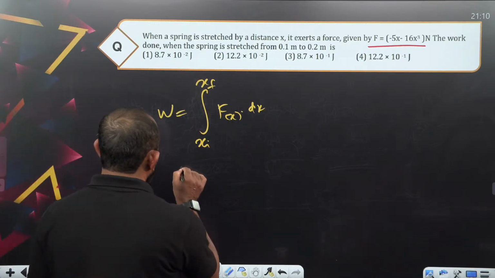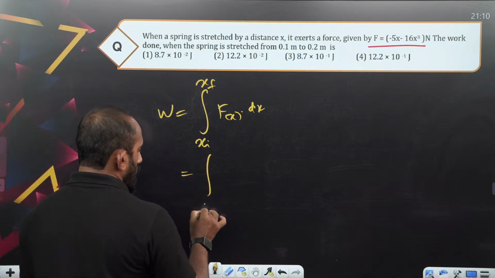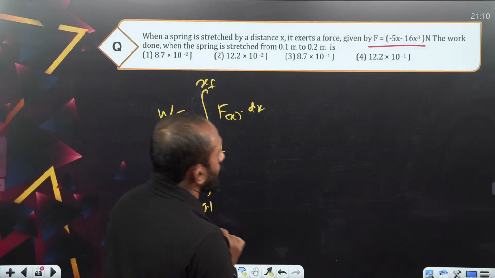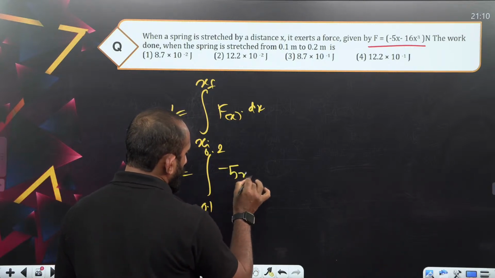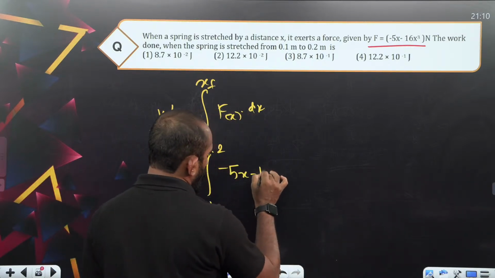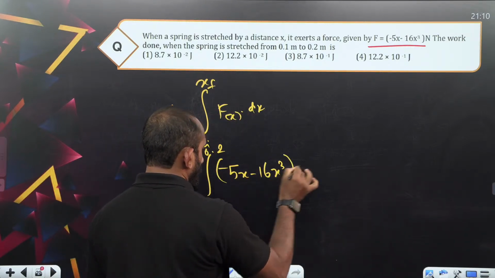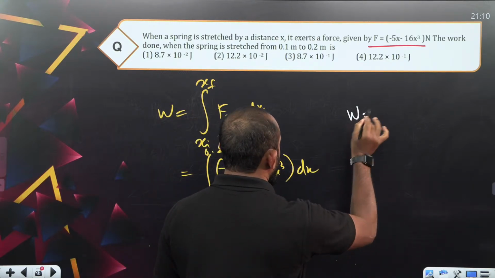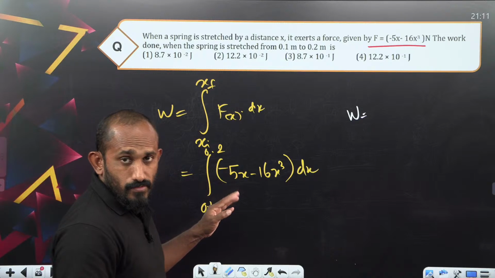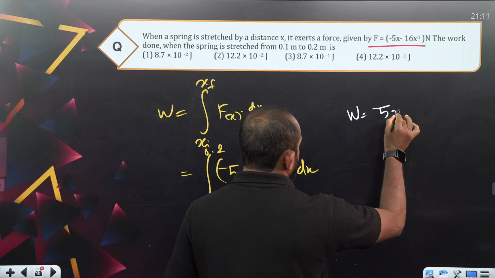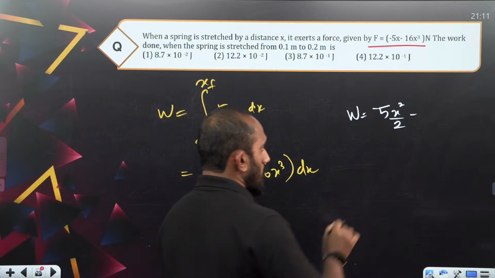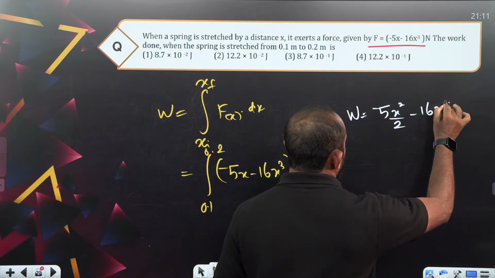So it will be like equal to integral 0.1 meter to 0.2 meters of F of x, negative 5x minus 16x cube dx. So if you integrate that one, work will be, so minus 5x if you do, negative 5x square by 2 minus 16x cube, so 16x raised to 4 by 4.